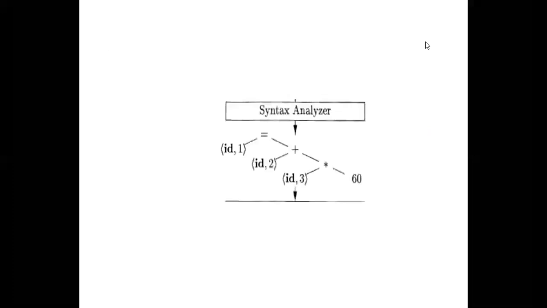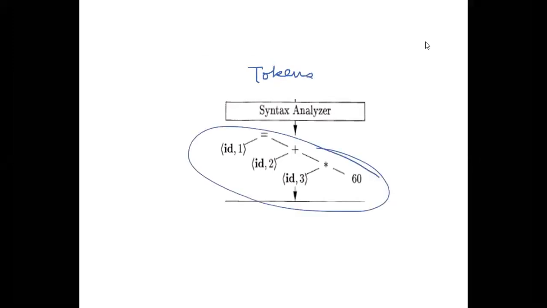Now, what the syntax analyzer does is, this is our same statement: position is equal to initial plus rate into 60. From the tokens that it received, the syntax analyzer arranged them in the form of a tree like this, and at the same time it has also maintained the associativity of the operators, then precedence.